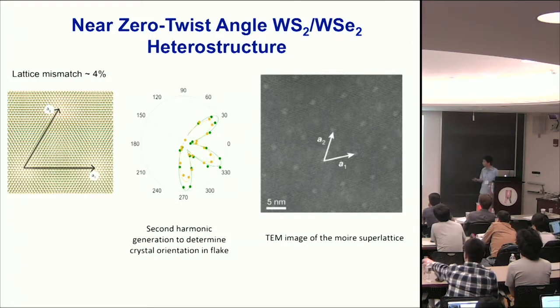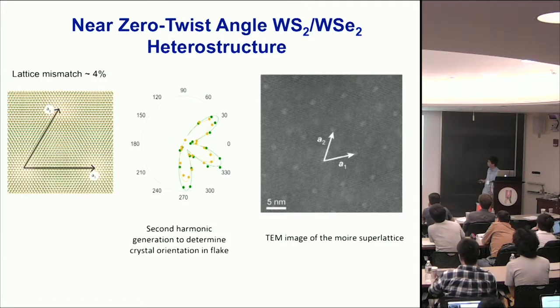And then we made the sample and did transmission electron microscopy to really make sure the Moire superlattice is there. You can clearly see that the periodic pattern is over there. So you do have a fairly good Moire superlattice.